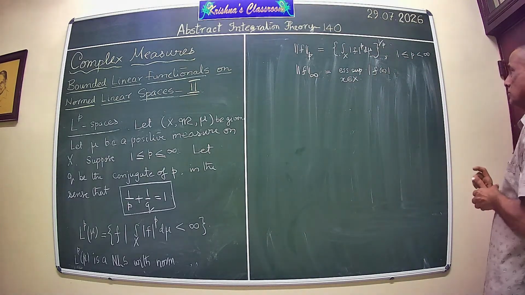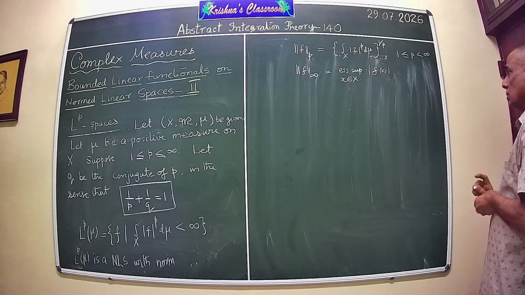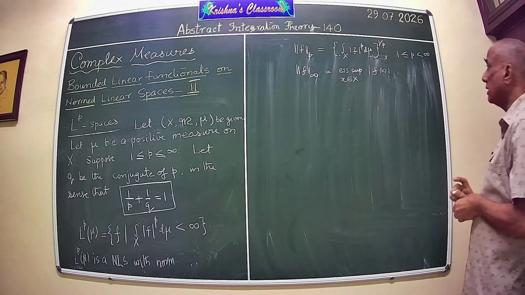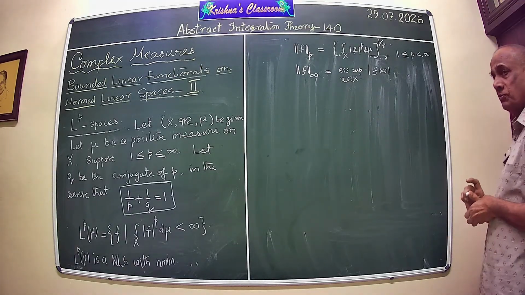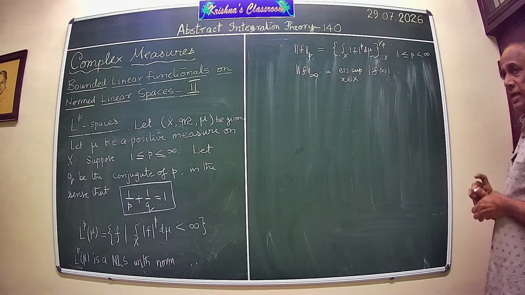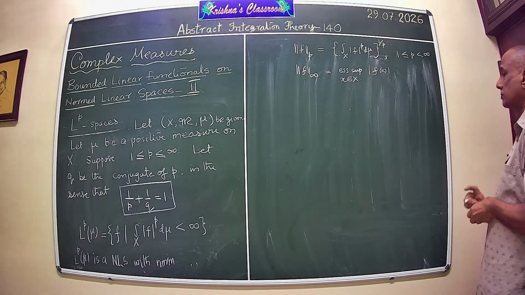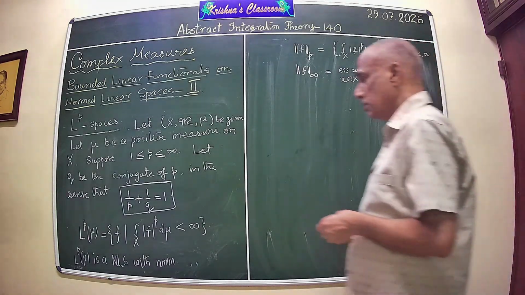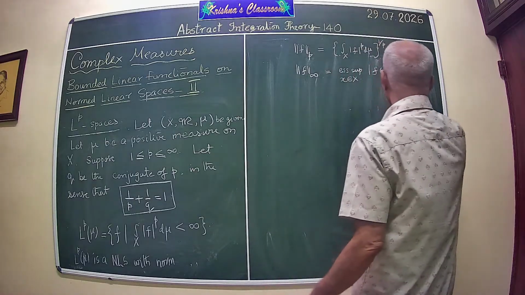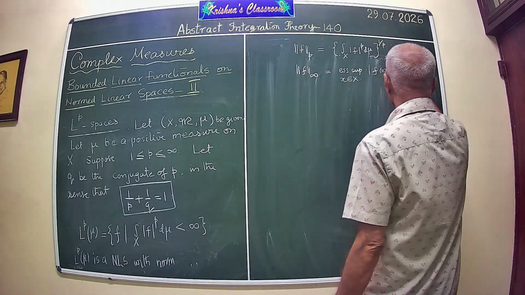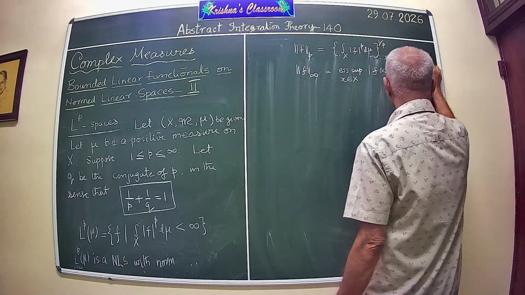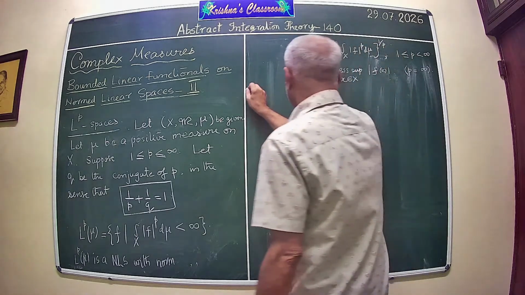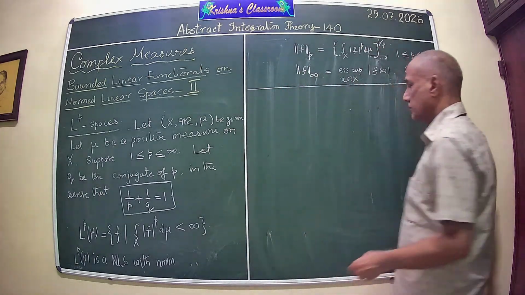So these are the definitions of norm p and norm infinity. These are the different cases, and this is the space on which we are working.